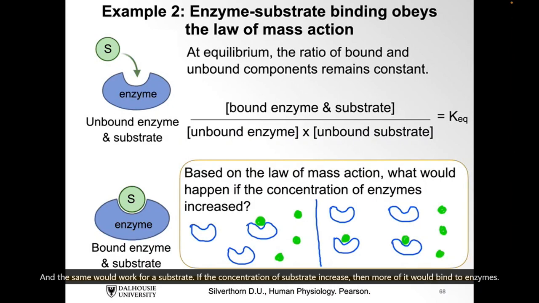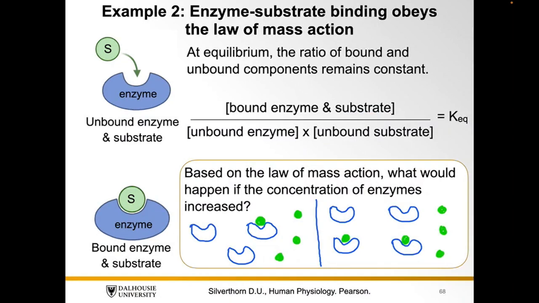And the same would work for substrate. If the concentration of substrate increased, then more of it would bind to enzymes. So the take-home message here is it really doesn't matter whether the disturbance comes from increasing or decreasing the concentration of enzyme or increasing or decreasing the concentration of substrate.